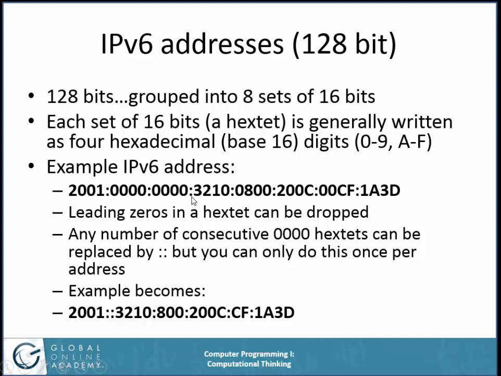I can only pull that trick once per address, because suppose these two were also 0000, and I did it, I wouldn't know whether I was dropping out 1 set or 2 sets or 3 sets of 0000. Now, this example up here, if I wanted to write it in a shorter form for humans, becomes 2001:3210:800:200C:CF:1A3D.